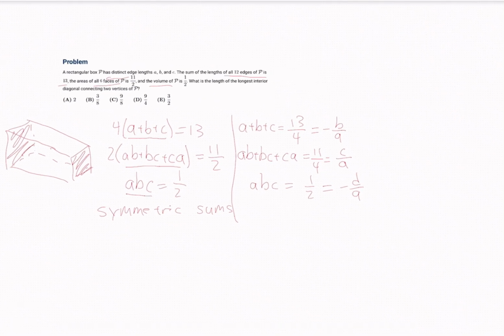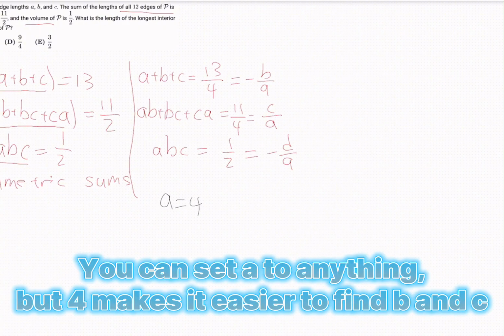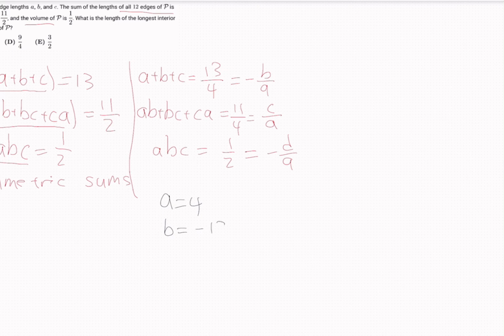So, we can continue using these and find the polynomial. Looking at the fact that 2 of these have 4 as a denominator, let's set a equals 4. So very clearly then, b is negative 13. And then just by looking, c is 11, and d is, well, this is also equal to 2 over 4, so d is negative 2.